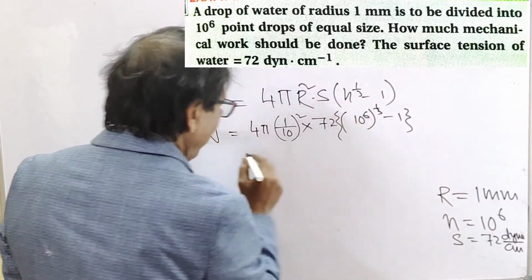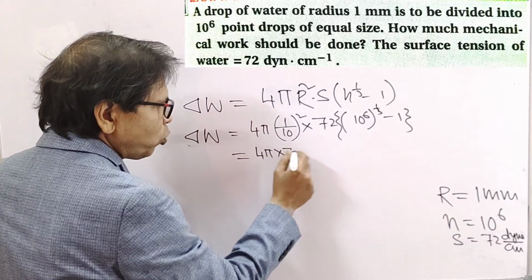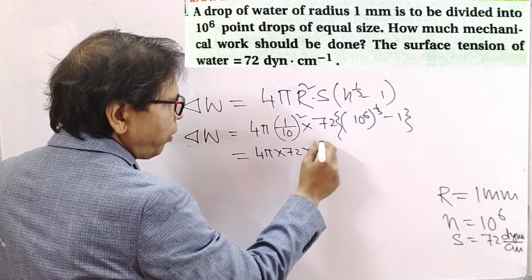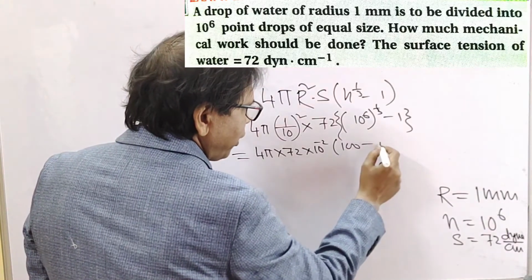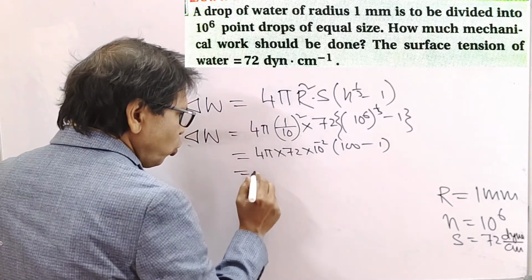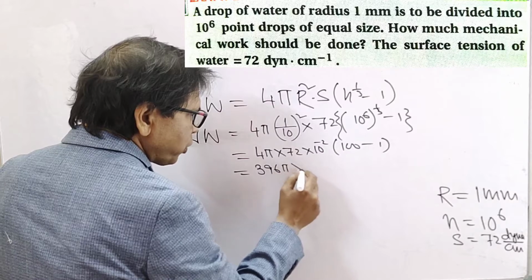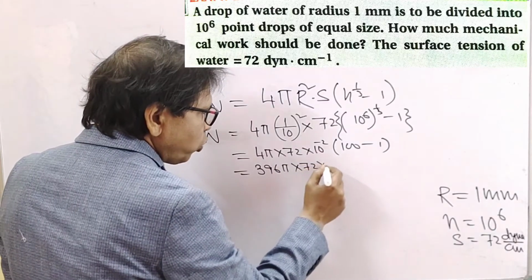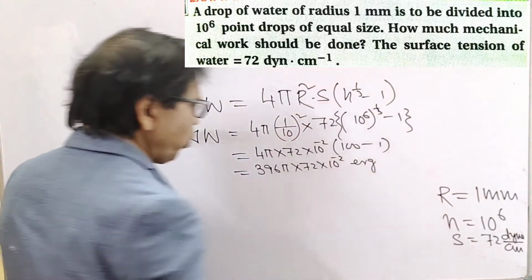Okay, now this is 4π into 72 into 10^−2 into (100 − 1). So this is 99, so it is 396π into 72 into 10^−2 erg, the amount of work done.